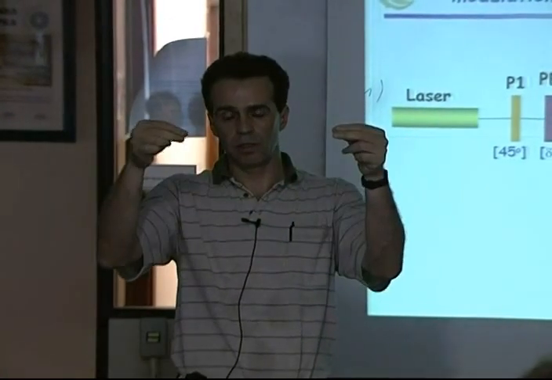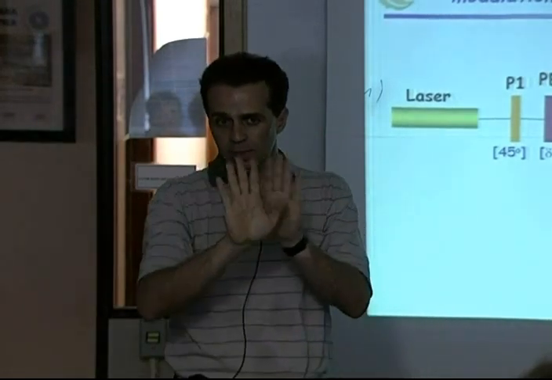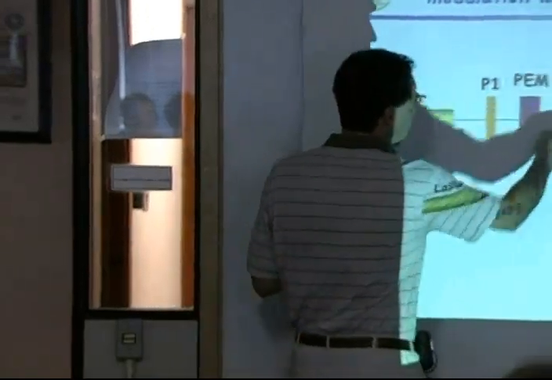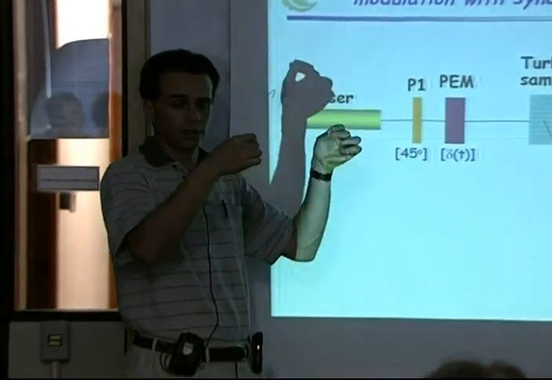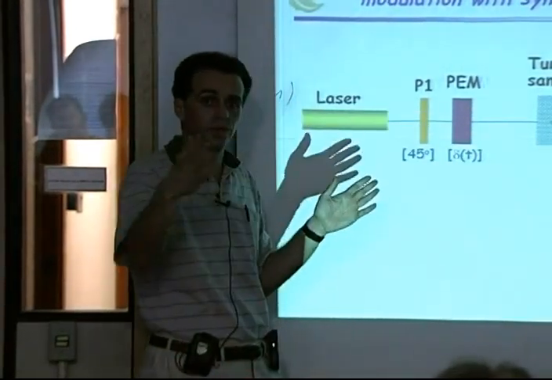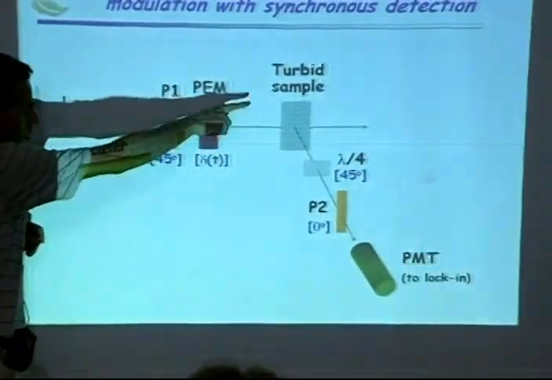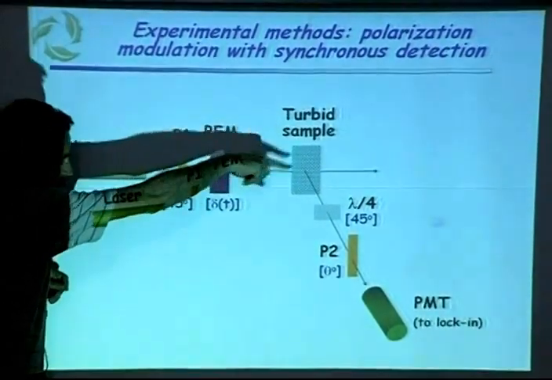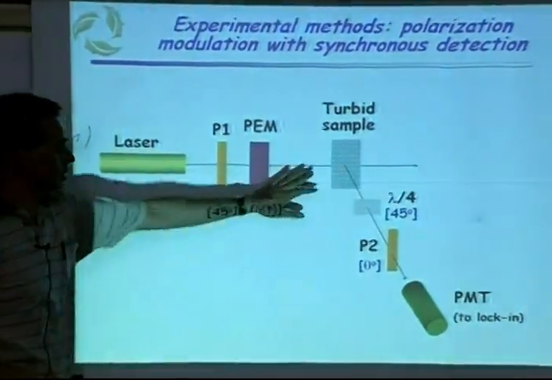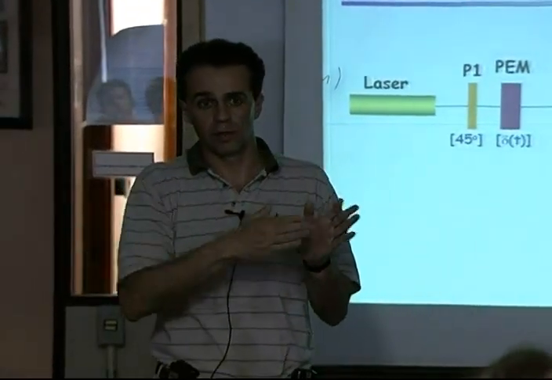So if this thing vibrates, then the vertical and the horizontal component travel at different speeds. And so what comes out of the photoelastic modulator, depending on whether at this instant in time it's unstrained or stretched or compressed, is going to be a continuous sweep of the entire polarization ellipse. So it's going to be circular, then elliptical, then linear, then circular the other way, then elliptical the other way, then linear the other way. So what the sample sees in this configuration is all polarization states continuously changing as a function of time.